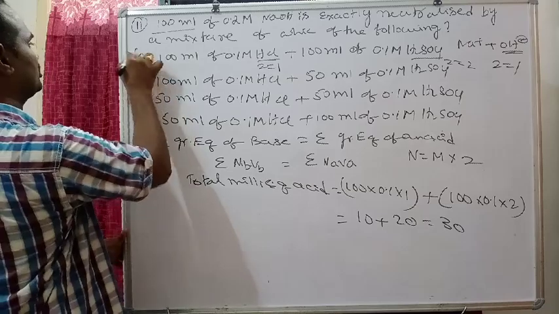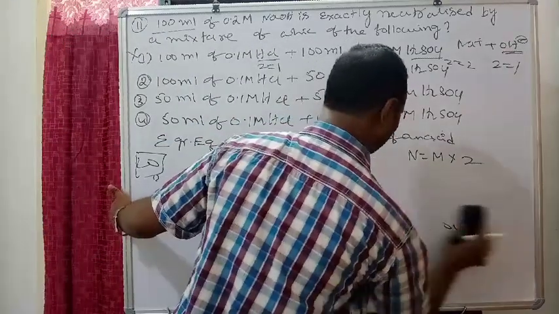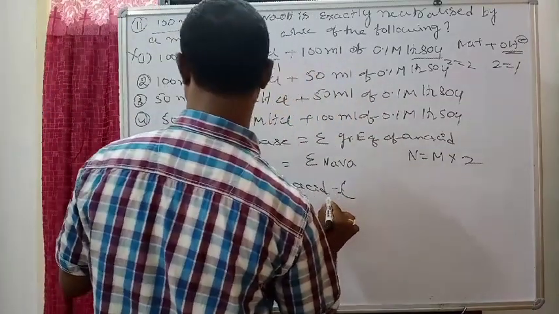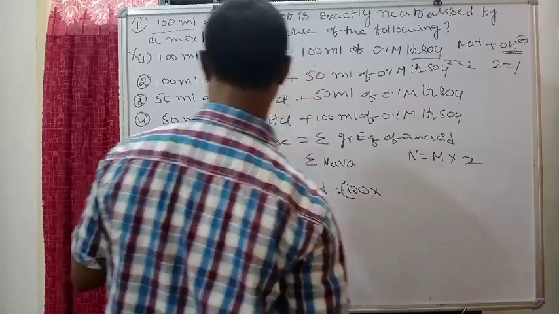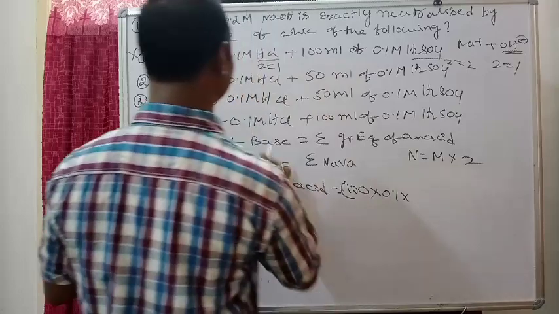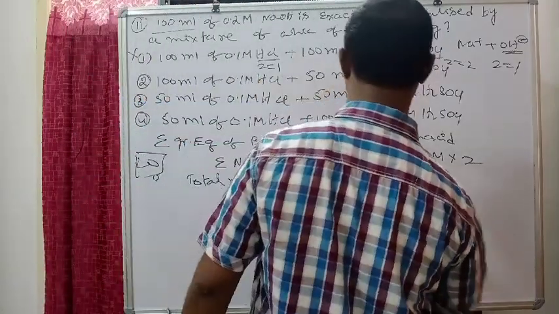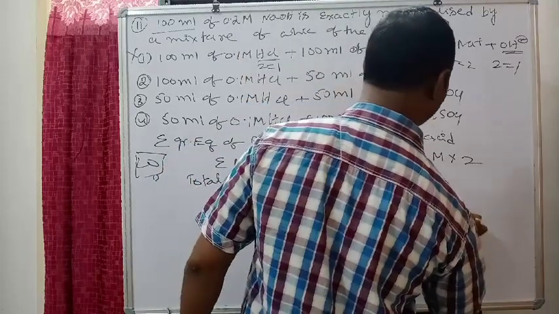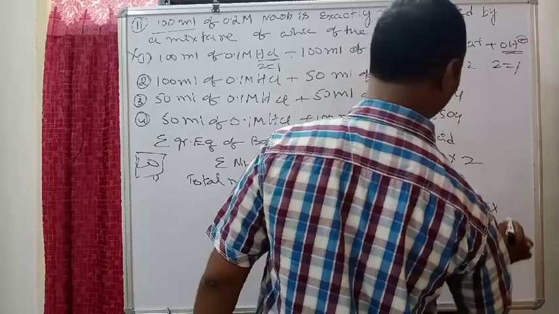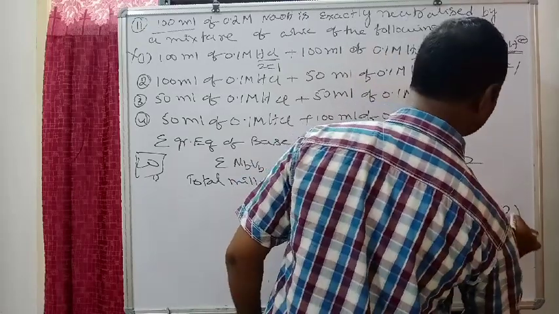So first option is wrong. Now come to the second one, total milli equivalents. We calculate. Second one, volume 100 ml, concentration 0.1 N, and HCl Z value 1, plus volume 50 ml, molarity 0.1 M into valency factor Z, for H2SO4 it is 2.